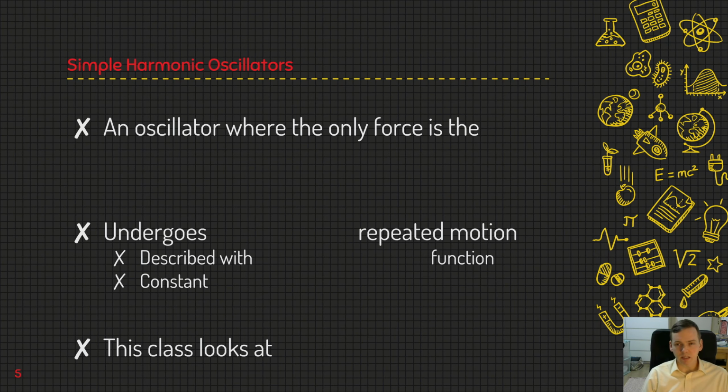All right, let's get into the details now. That's oscillations in general. Now we're going to look at simple harmonic oscillators, which undergo simple harmonic motion, which you can see we've been abbreviating as just SHM.